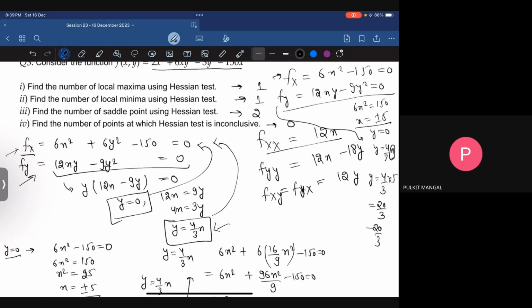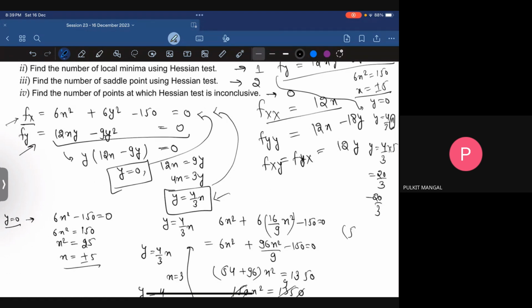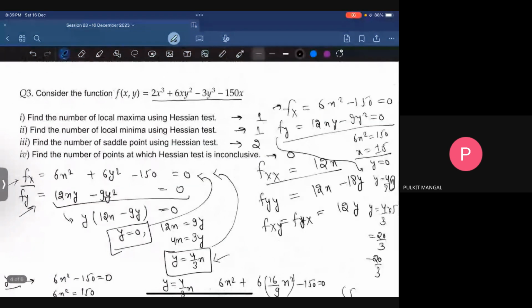So the combinations we will make are, on the first equation, when x is positive 5 or negative 5, this first equation totally depends upon x. It does not depend on y.